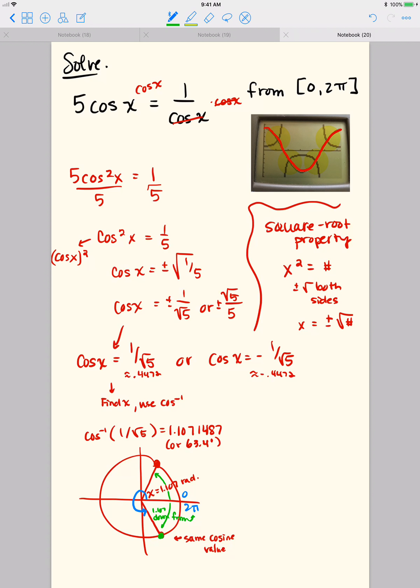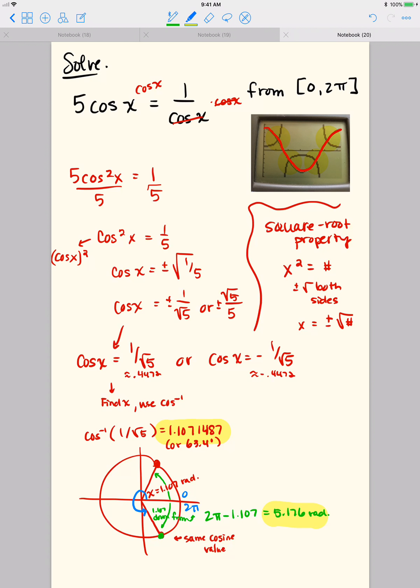So to come up with that fourth quadrant answer, I'll do 2 pi minus the 1.107 answer, and I'll get a radian value of 5.176. So that's the other angle that has a cosine value of 1 over square root of 5. So I have two answers from that. I have 1.107 and 5.176.